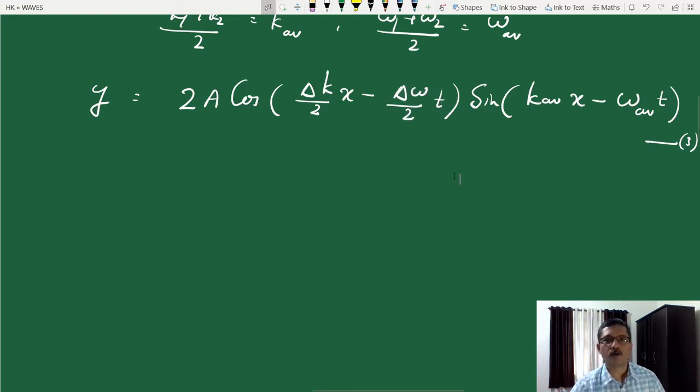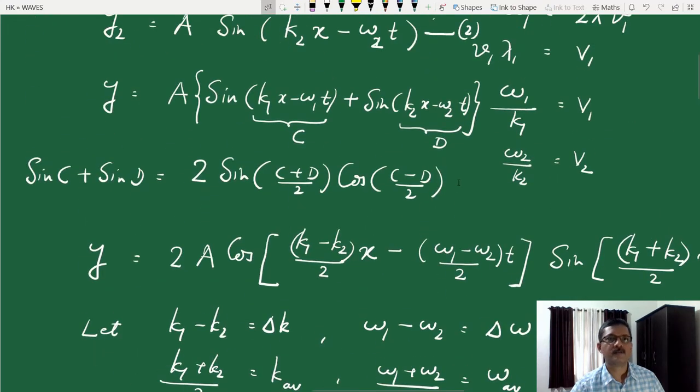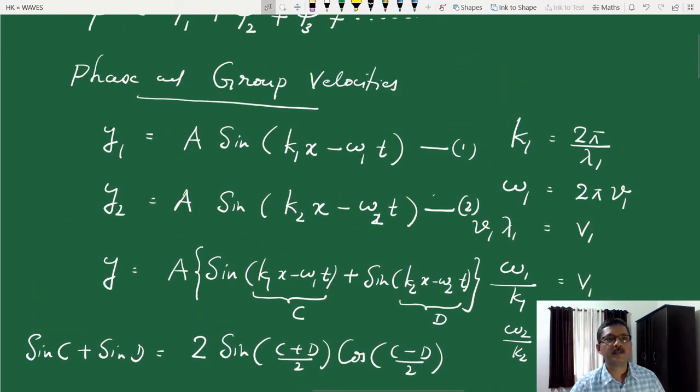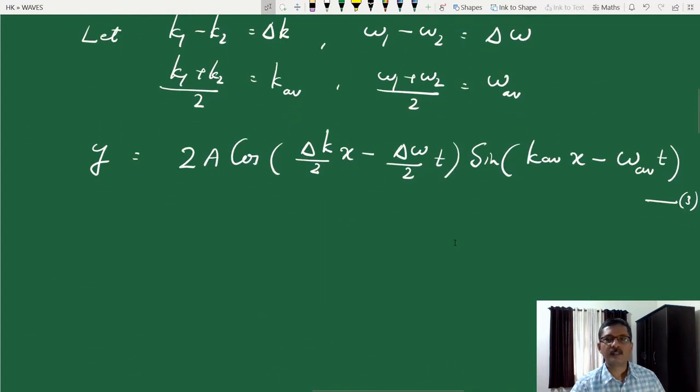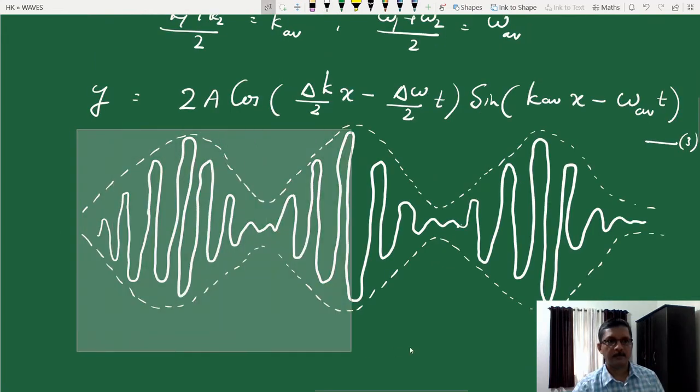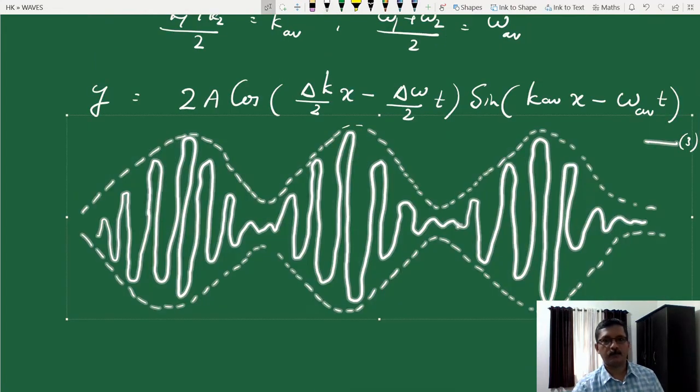Then if we try to plot these individual waves and the resultant wave: the individual waves are y1 equal to a sin(k1x − ωt), a sine wave, and the second wave is another sine wave with slightly different frequency. But the resultant wave, if you plot, will look like this. This is an approximate diagram of the resultant wave.